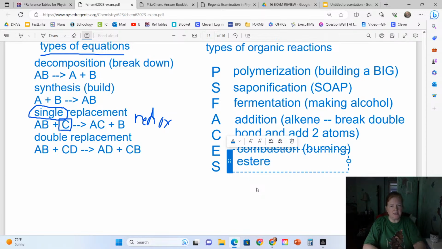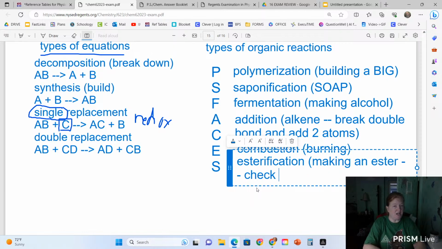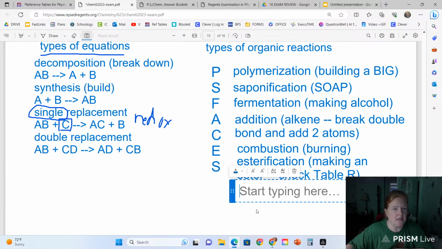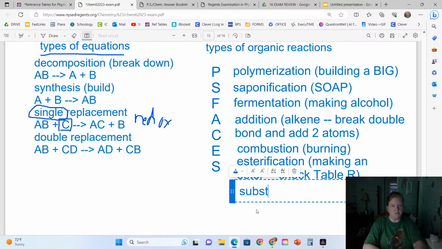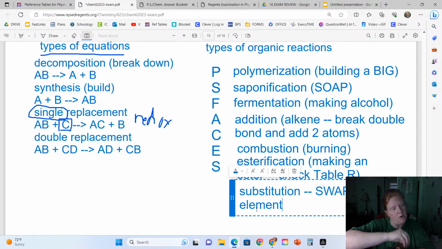E is esterification. That's making an ester. Check table R for the functional group for an ester. All right. And then lastly is substitution. And substitution is a swap of one element. So I take one atom off and I put a different atom on. Okay.